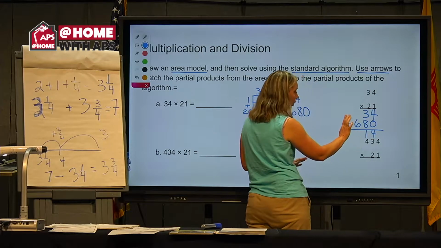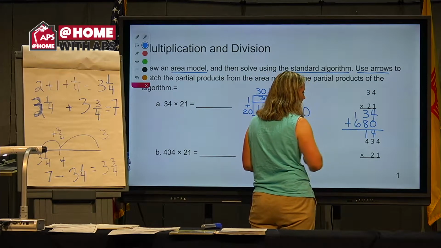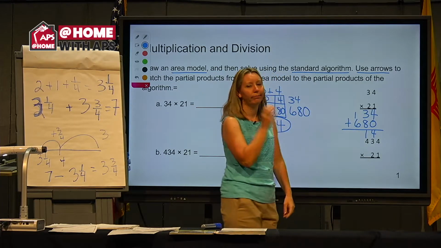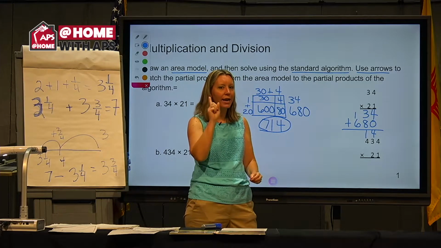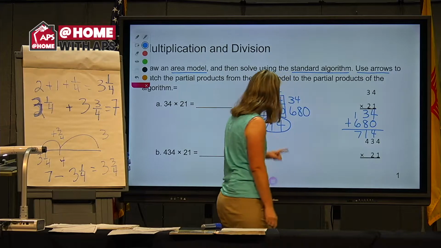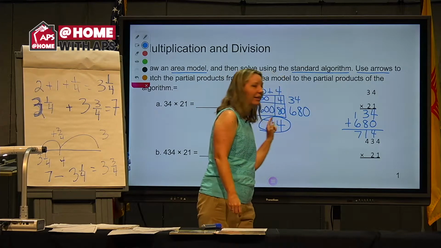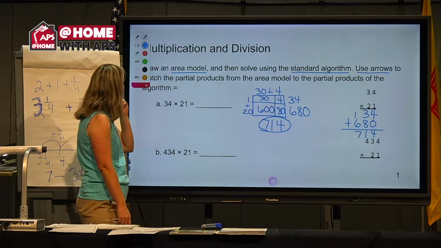And I carry, which is 11 tens, so I'm carrying my 10 tens over to that, which is 100. So 6, 7, so I have 714. Did that match? Yeah.